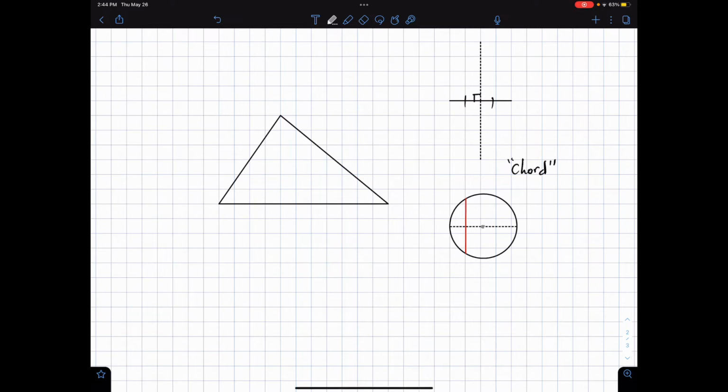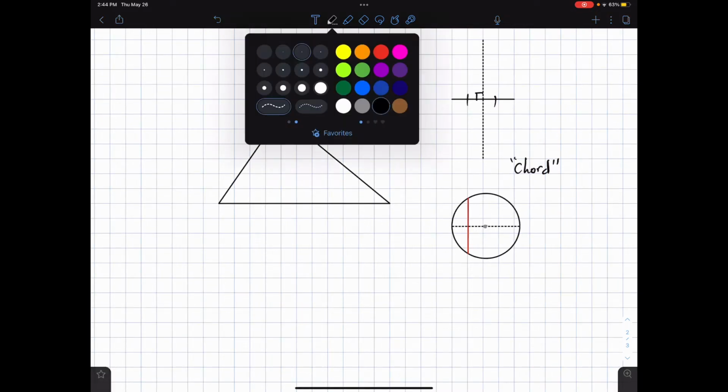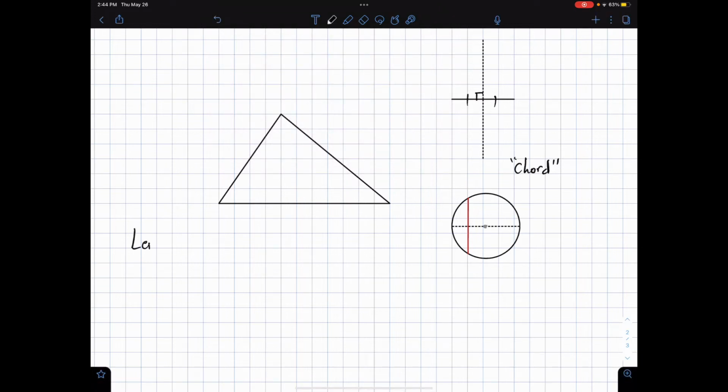So that's true for any chord. The perpendicular bisector of a chord passes through the center of the circle. So I'm going to go ahead and write that here. Lemma.